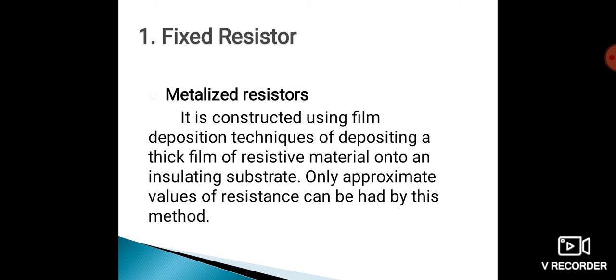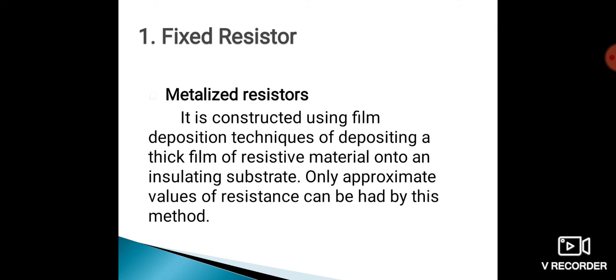Next is metallized resistors. It is constructed using a film deposition technique, depositing a thin film of resistive material onto an insulating substrate. In this type of resistor, we have one insulating plate. In that plate, we make a slot.